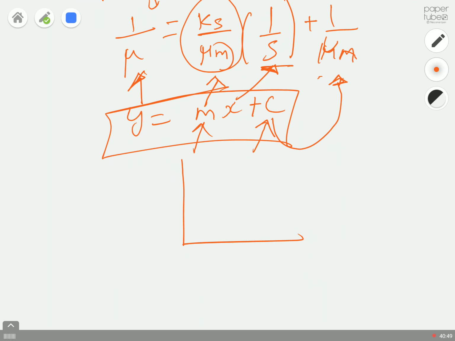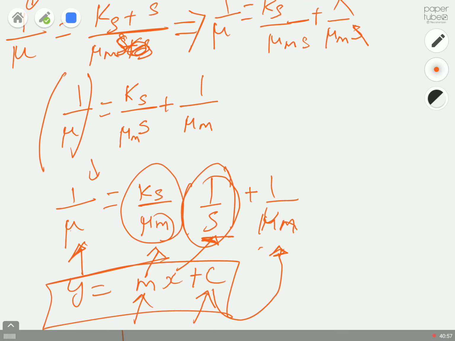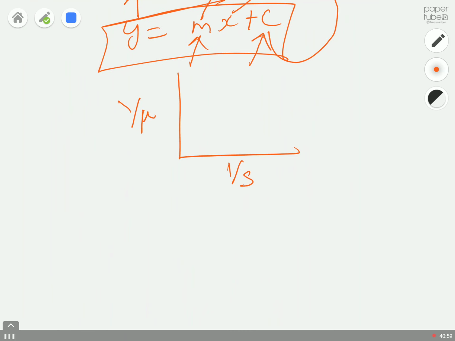Say you plot 1 by mu on the y-axis, and 1 by S, this is your x value, you plot it here. You will get something like that, and you take a line.